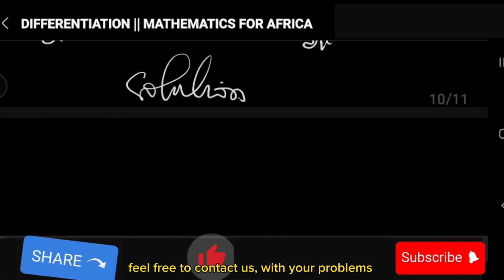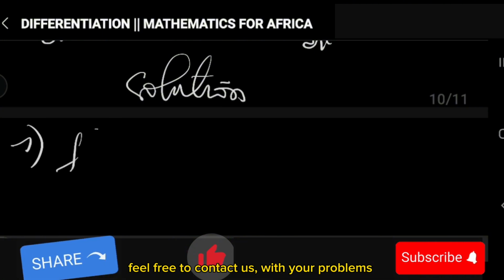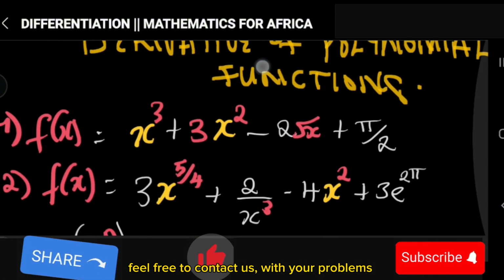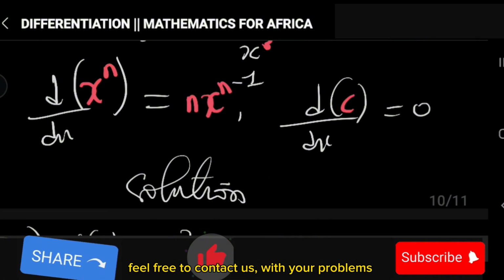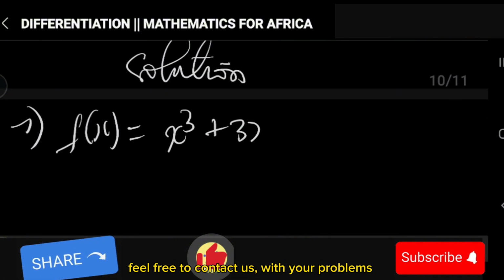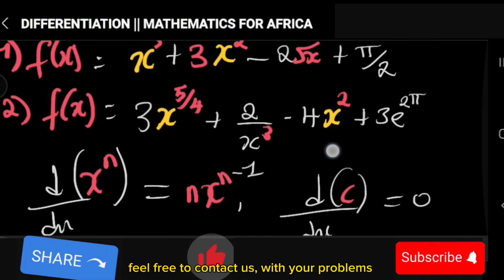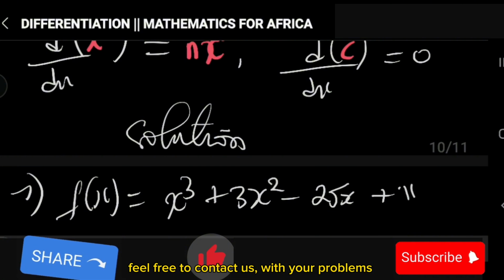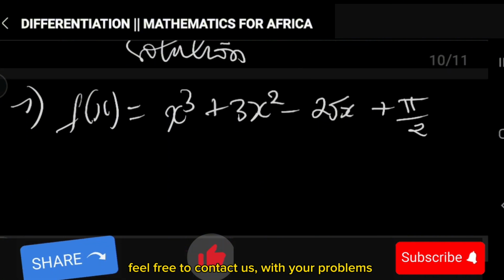So we are going to write solution 1. Our f of x is equal to x cubed plus 3x squared minus 2 root x plus pi on 2. What you do is that you just find the derivative of each term.